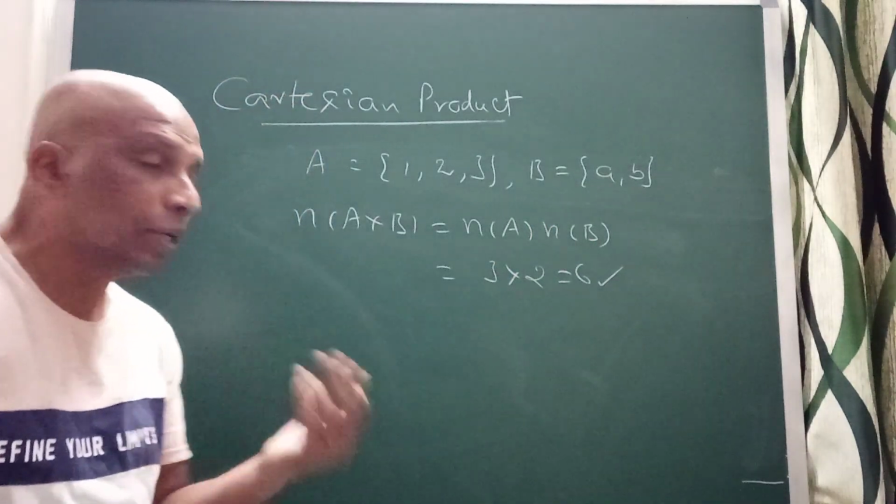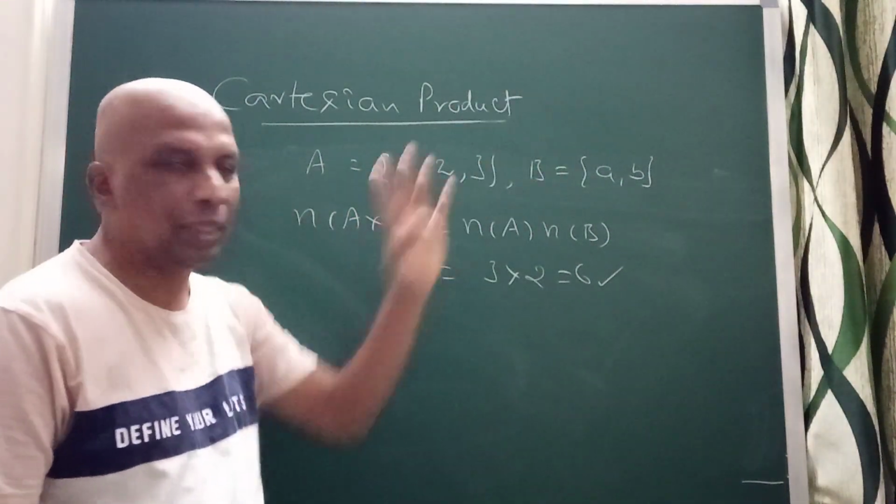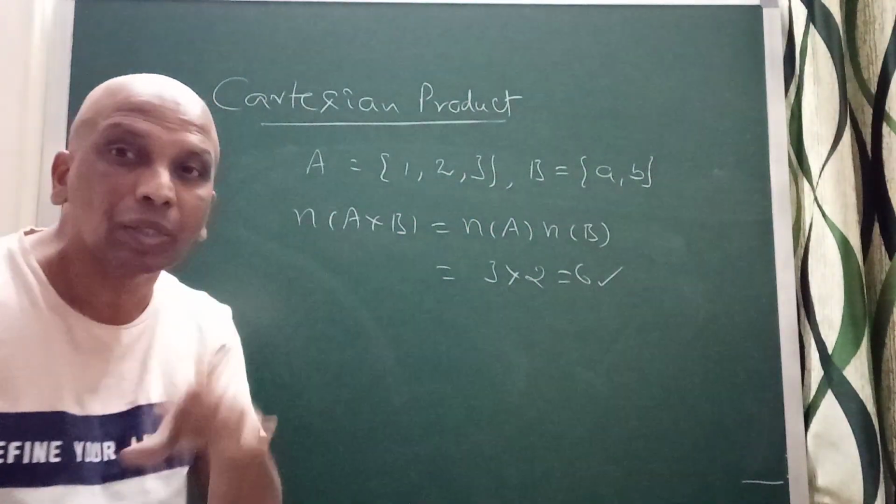Why? Because if you write the Cartesian product, you get 1a, 1b, 2a, 2b, 3a, 3b. It will come 3 into 2, 6.